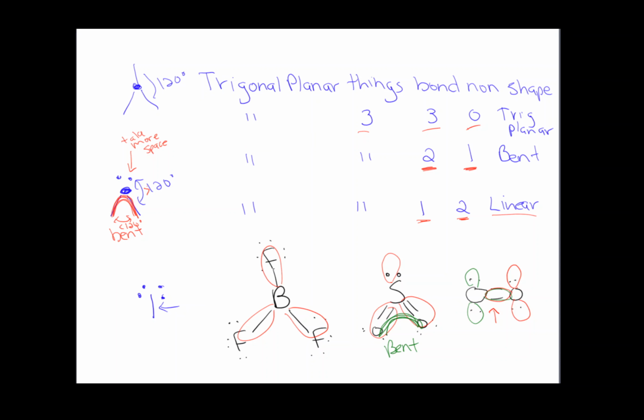Let's go to family 4. All right, now, could I draw it like this? You bet. Could you draw it like this? You bet. Do you see?